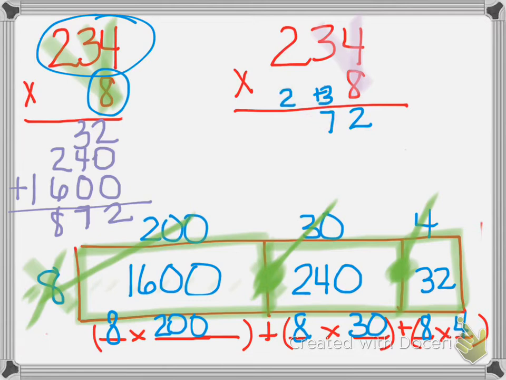All right, and last I'm going to multiply 8 times 2 hundreds, which is 16 hundreds. But I have to add these 2 hundreds on. So 16 hundreds, 17 hundreds, 18 hundreds, or 1,800. Right there's my 18 hundreds.